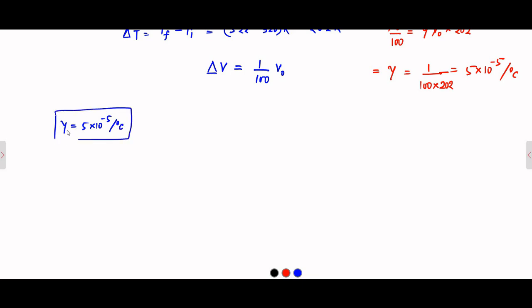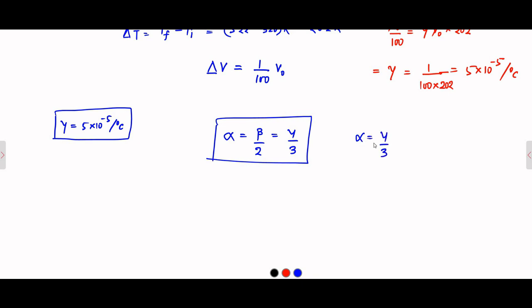Now the relationship, which we have already studied, is alpha is equal to beta by 2, which is equal to gamma by 3. That implies alpha is equal to gamma by 3. The linear expansion coefficient is equal to 1/3 into the volume expansion coefficient, which is 5 into 10 to the power minus 5 by 3.